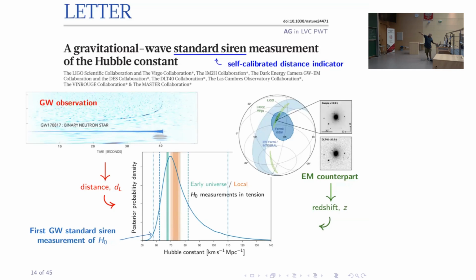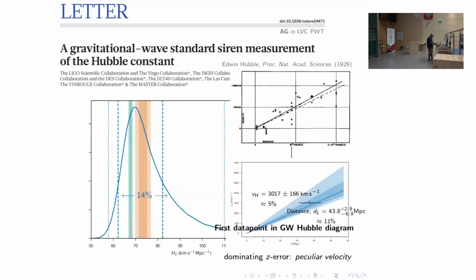This posterior distribution is very, very wide. Is that good or is that bad? It's bad. So compared to this, the very sharp CMB measurement, and this, the slightly broader supernova measurement, our gravitational wave measurement is currently all over the place, which is what you would expect with a single observation.